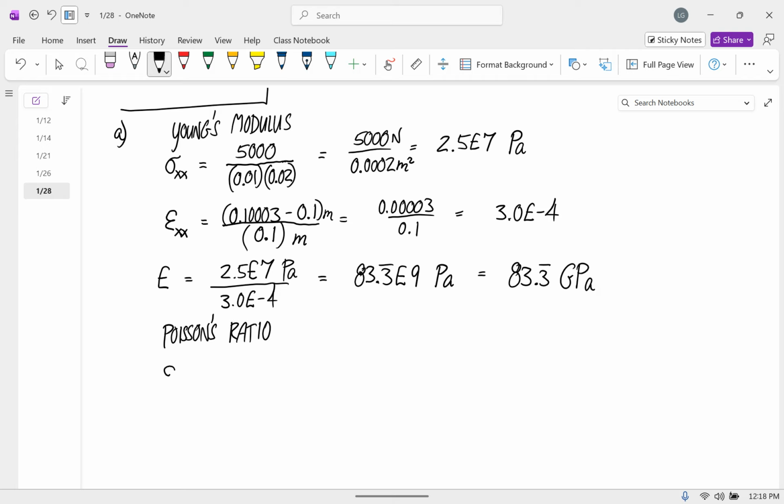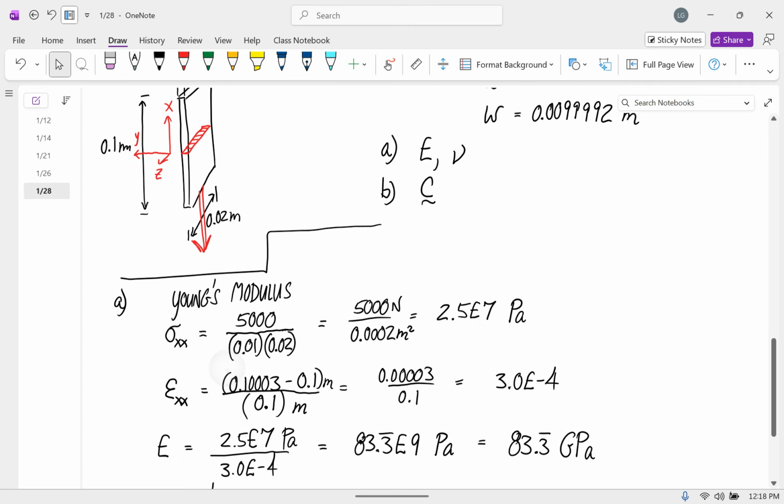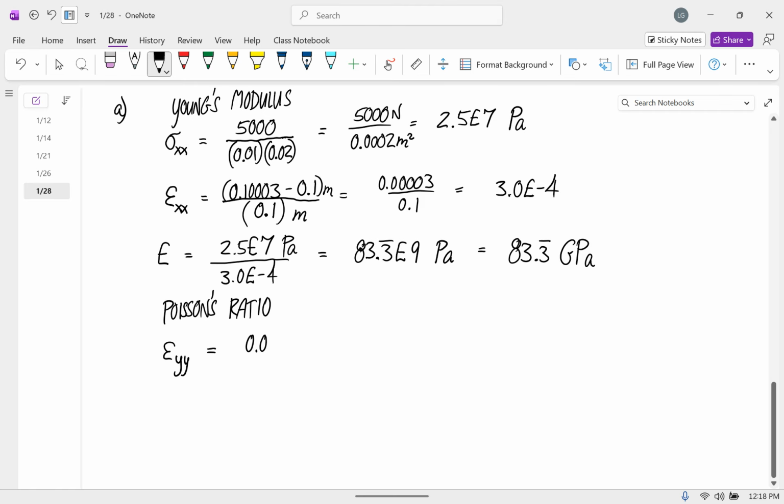So what we have is the ability to calculate the Y. So this is going to be equal to the deformed length, which is 0.00 and then 4 nines and a 2, minus the undeformed length in that direction, divided by the undeformed length. And we get negative 8.0 times 10 to the minus 5, and it's unitless.